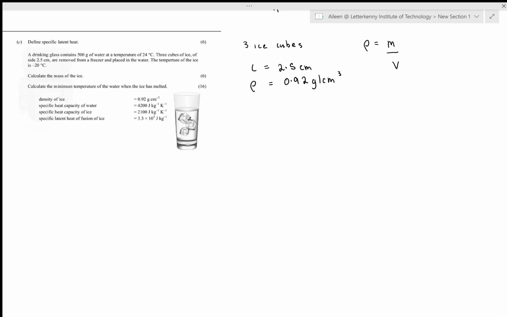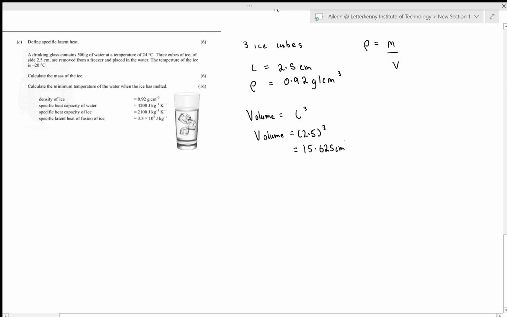cubes. I'm told the length of my ice cubes, and the volume of a cube is equal to my length cubed. So my volume is equal to 2.5 cubed, which gives me 15.625 centimeters cubed.